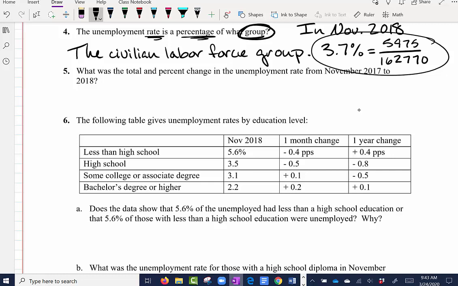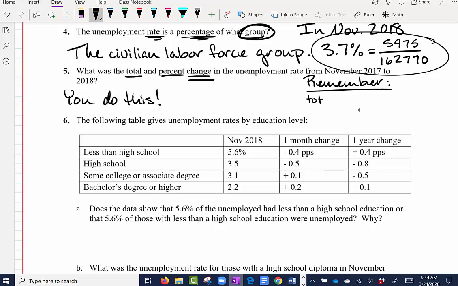In number 5, I just have a reminder for you. I'm going to let you do this, so you don't need to write this. Don't write that, to save yourself space. But I do want to give you a reminder from previous worksheets. They want the total change and they want the percent change. So there are two things to remember here.